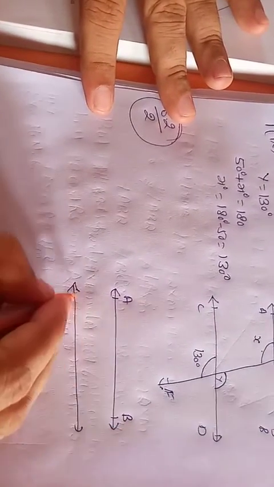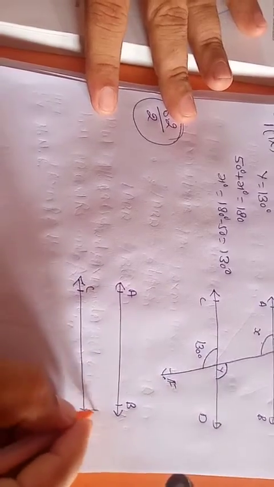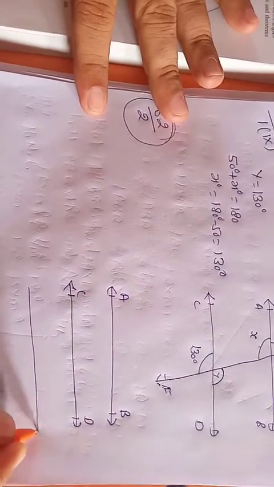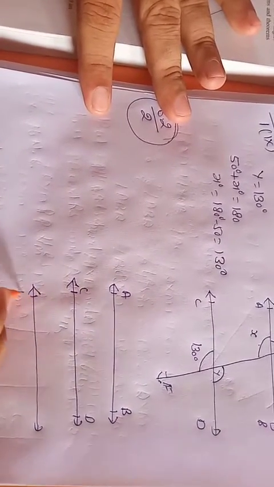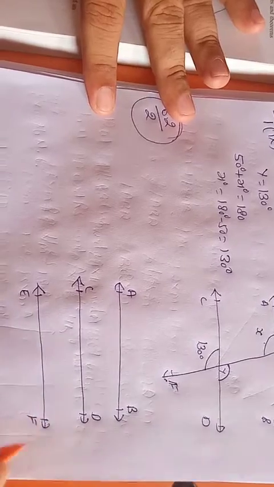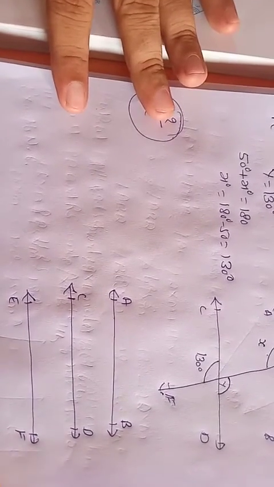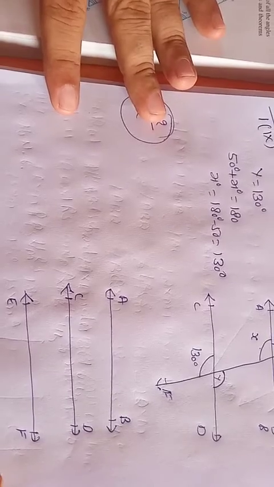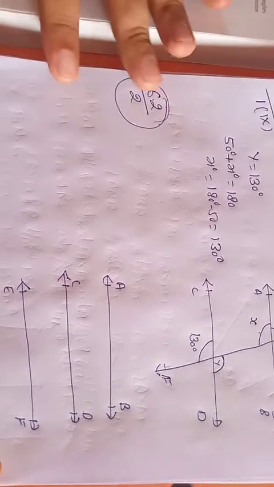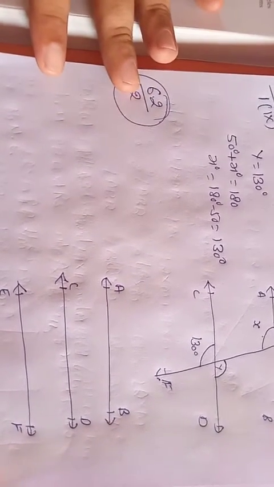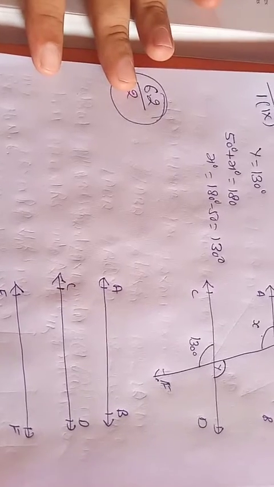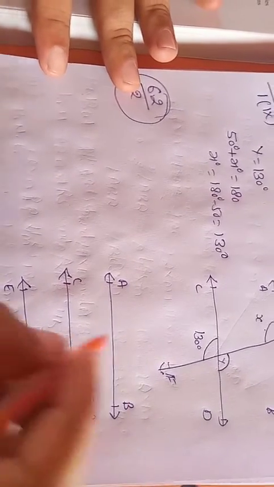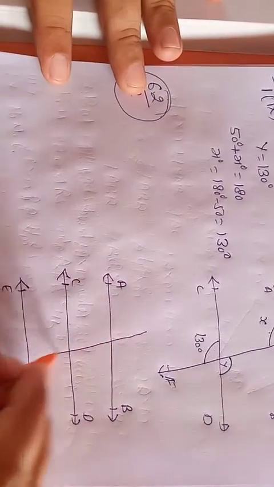And the ratio of Y and Z is 3 to 7, intersected by a line.